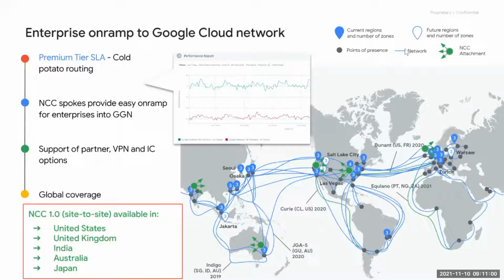It can be spun up in any region available at Google, but the site-to-site capability is limited today as of GA. Obviously, NCC is just a little over a month into GA, but we have all the regions supported in the US, UK, India, Australia, and Japan for the site-to-site use case, and we're on a fast trajectory to being able to open up more geos and locations. But the site-to-cloud use cases will be supported globally, out of every region that we have.